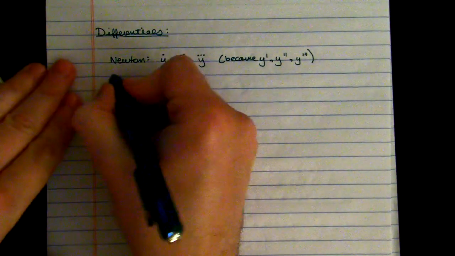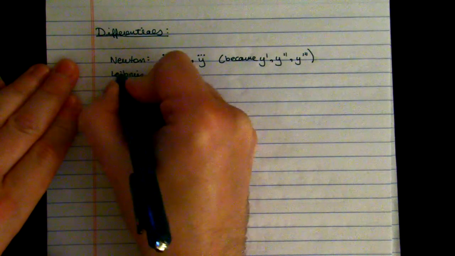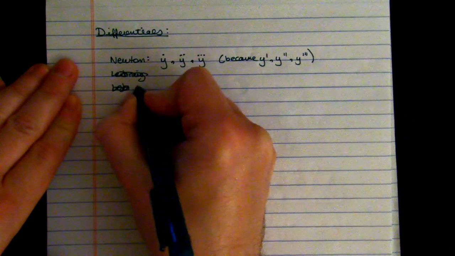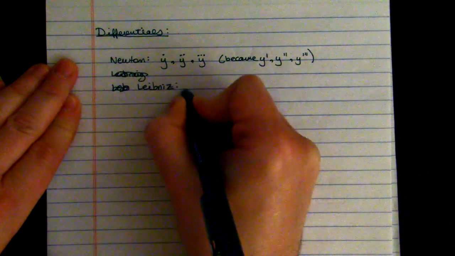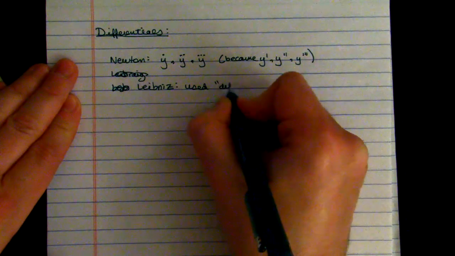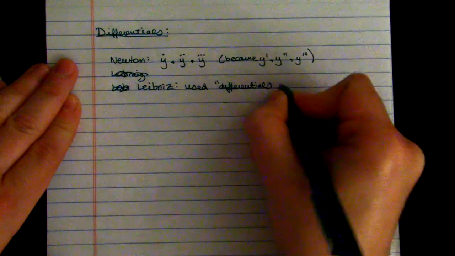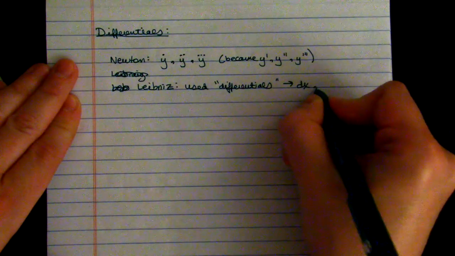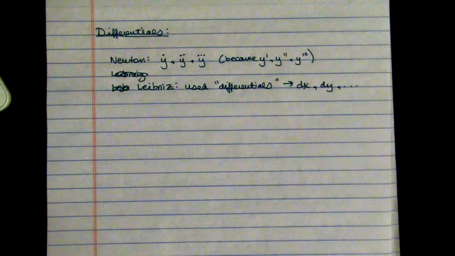Leibniz used some different notation. Oops, that's not how we spell it. And that's also not how we spell it. Leibniz used these things called differentials. Little things that look like dx, or dy, or dz, or whatever.